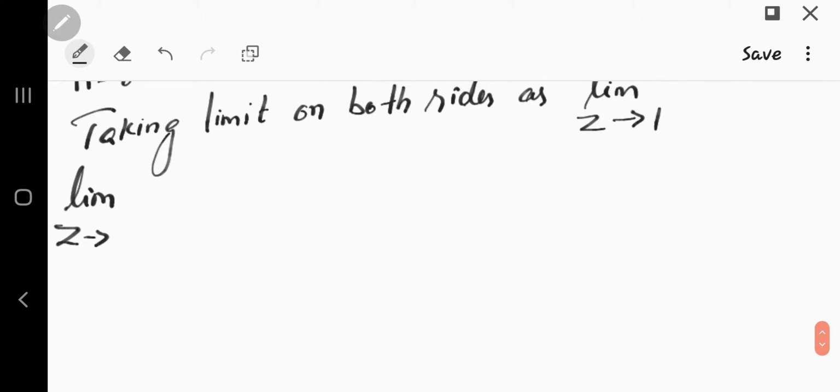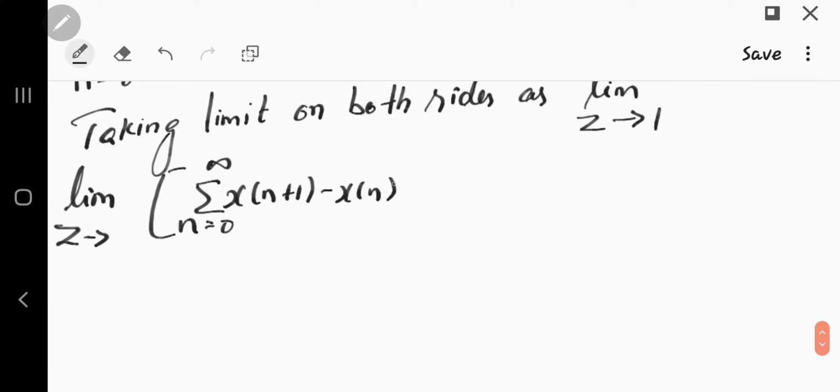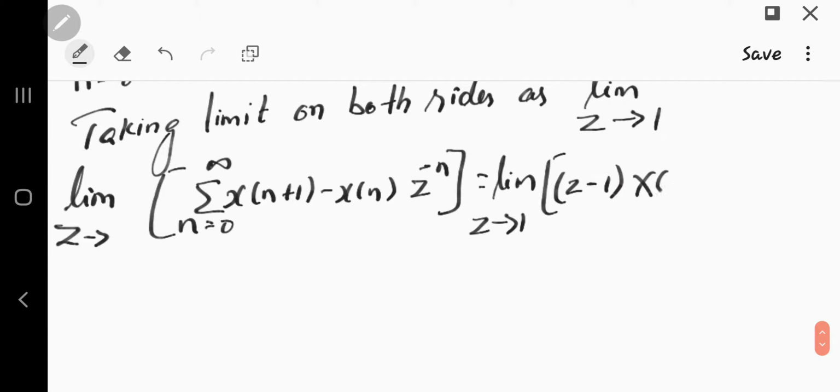Limit z tends to 1, here, summation n equals 0 to infinity of x of n plus 1 minus x of n, z to the power of minus n, is equal to limit z tends to 1, here, (z minus 1) into X of z minus z x of 0.